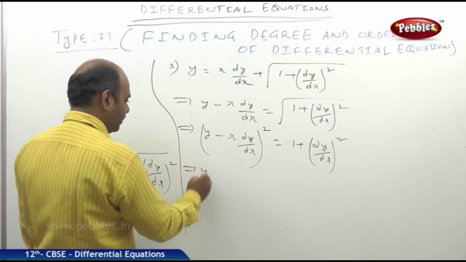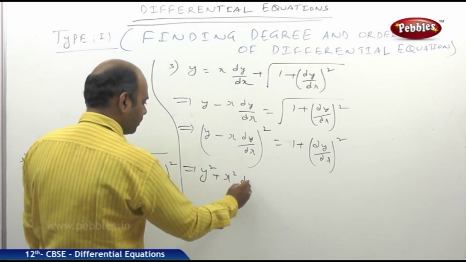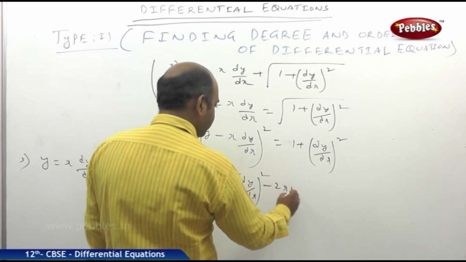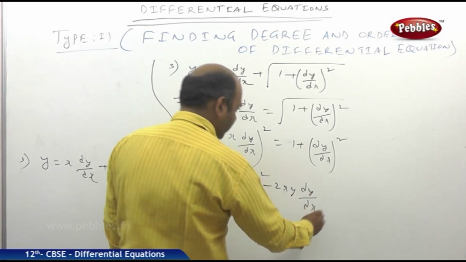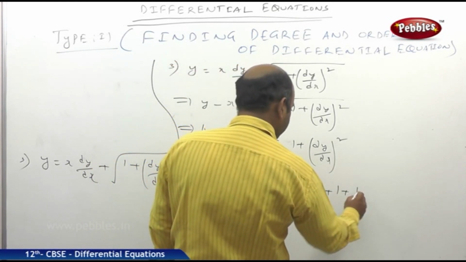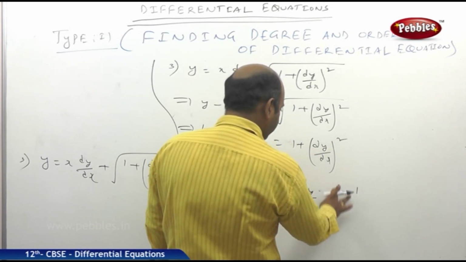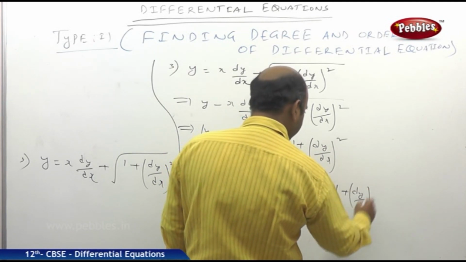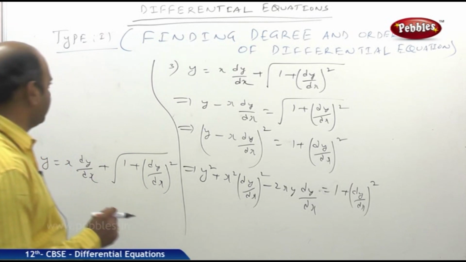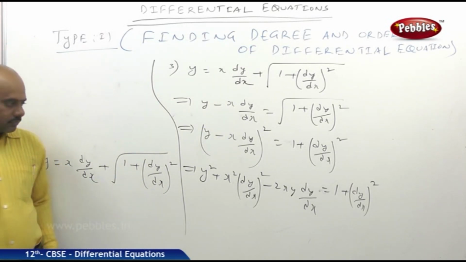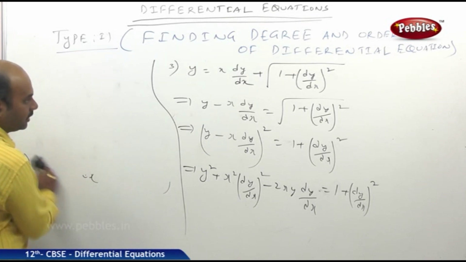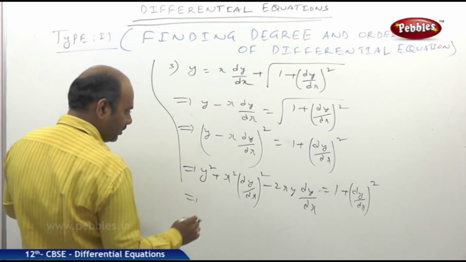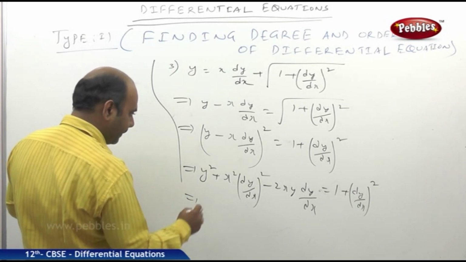So that implies y square plus x square into dy by dx whole square minus 2xy dy by dx is equal to 1 plus dy by dx whole square. Now I will write in a neat manner.